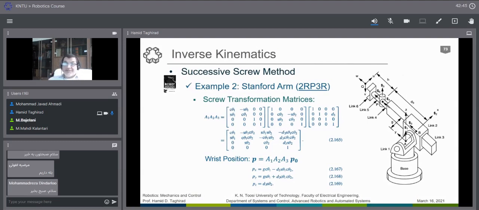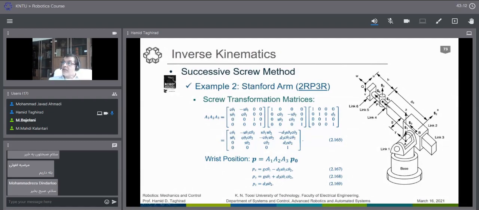Again, a very challenging example in inverse kinematic. It is a Stanford arm. The Stanford arm differs from the other one in that we have a prismatic joint. It is not totally a 6R manipulator. It is a 2R P 3R manipulator. And it has the Pieper theorem requirement.